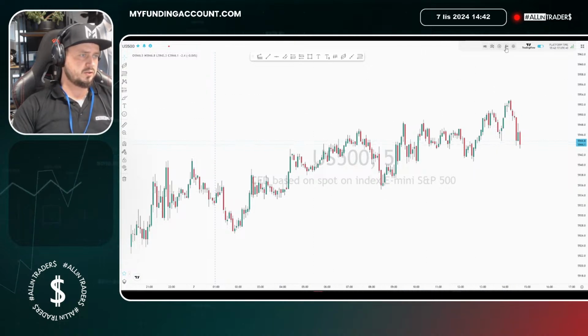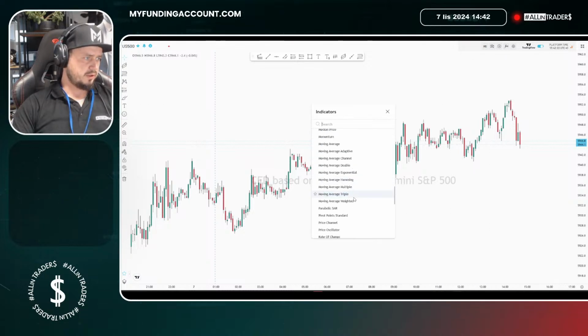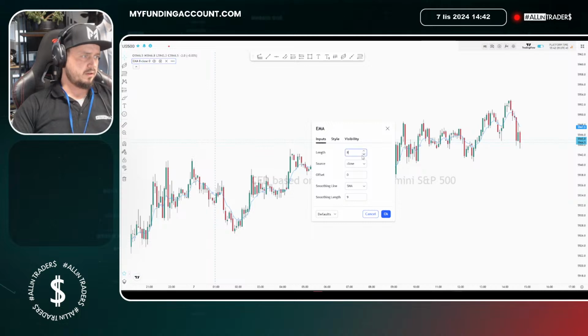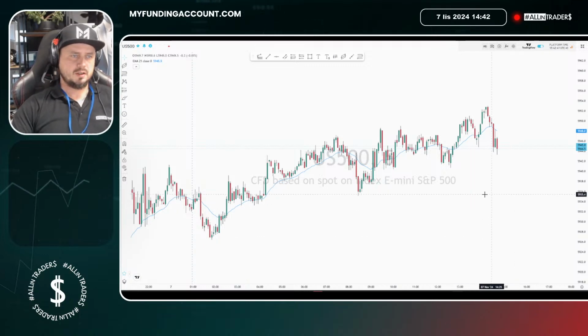We can add exponential moving average as well. Moving average exponential, 21. Okay. Exponential moving average might help us to make a decision.